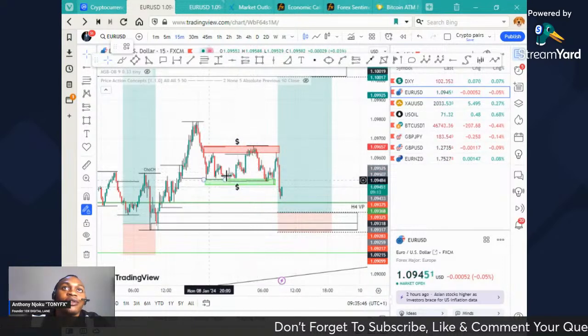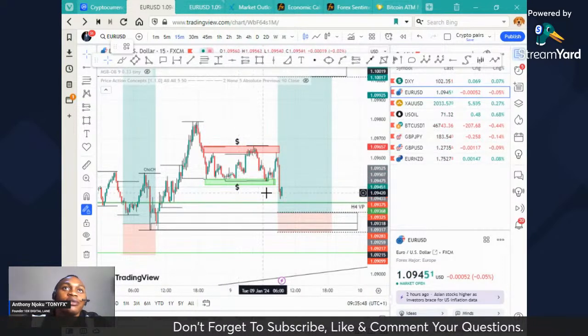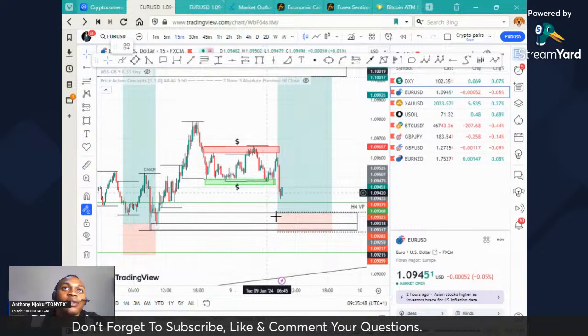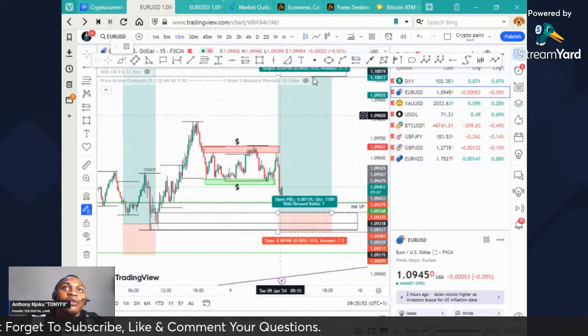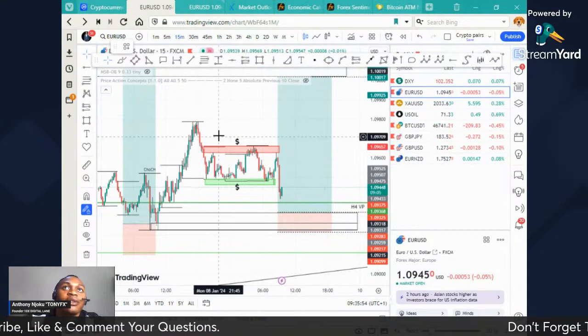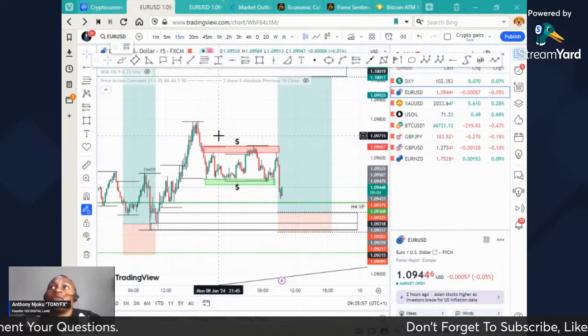Everything we're seeing here is manipulation. They want to take liquidity from here, and when they go down here, activate the trade, they'll still go back up to take this liquidity and then complete our trade.